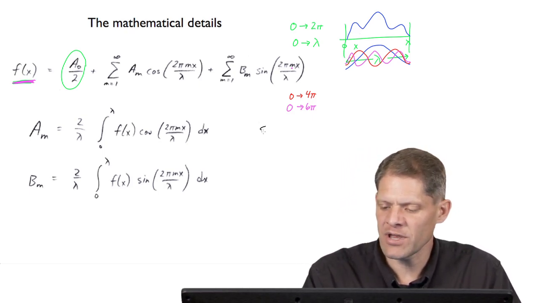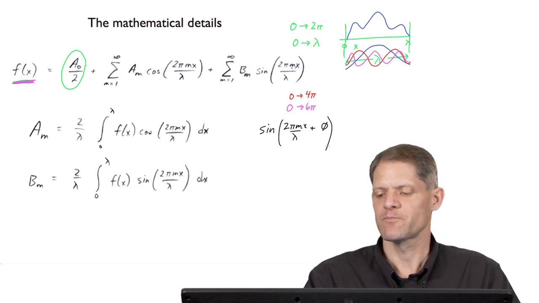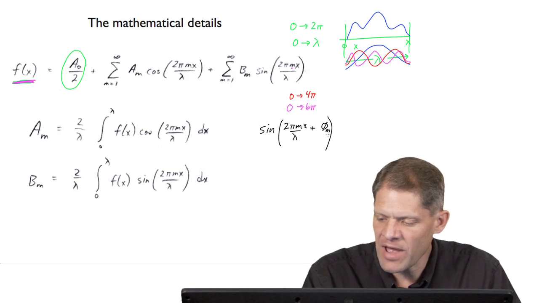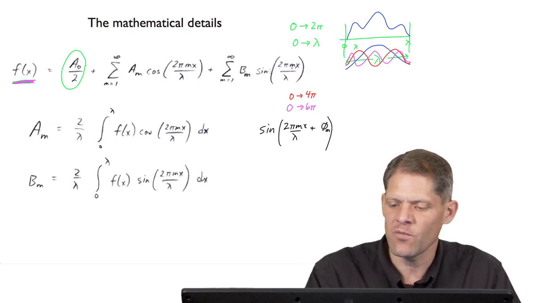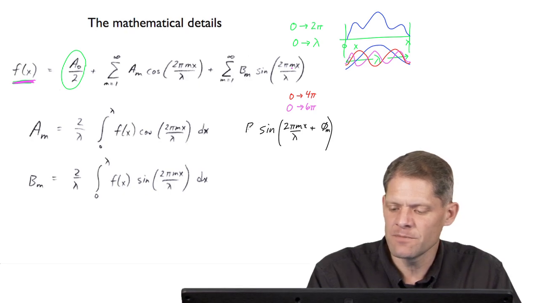I could have written that equation, sine of 2 pi mx over lambda plus some phase shift, in which case that would be a phase shift sub m, because each of the sine waves would have its own phase shift and its own amplitude.